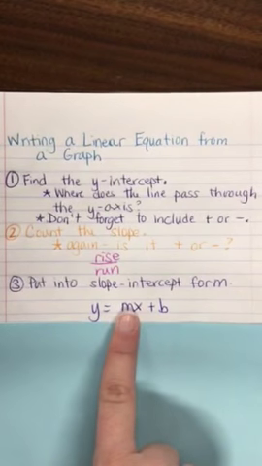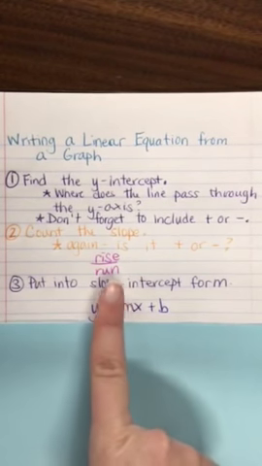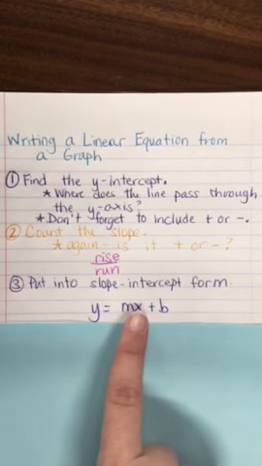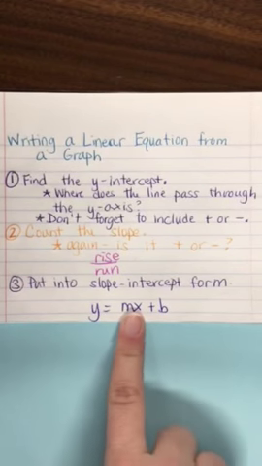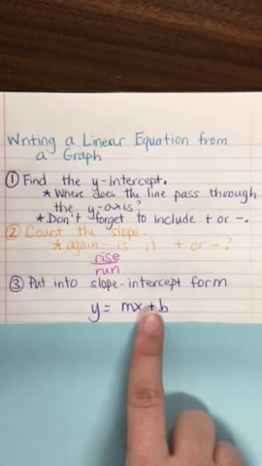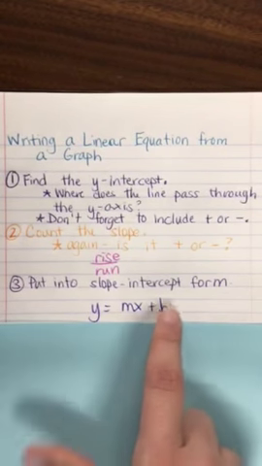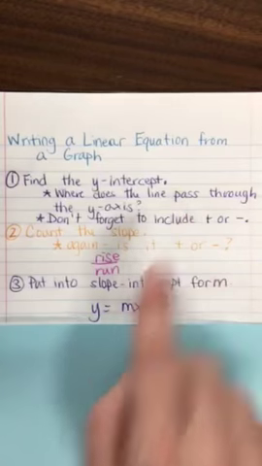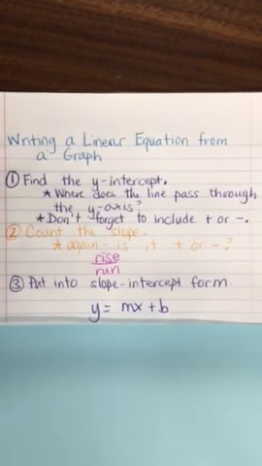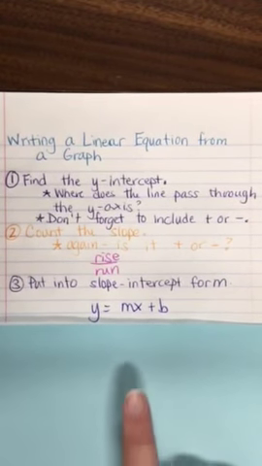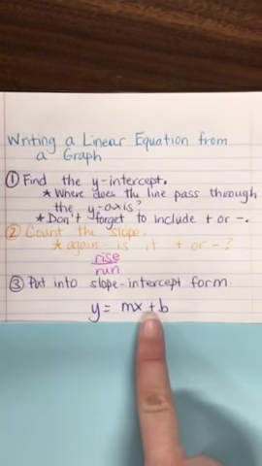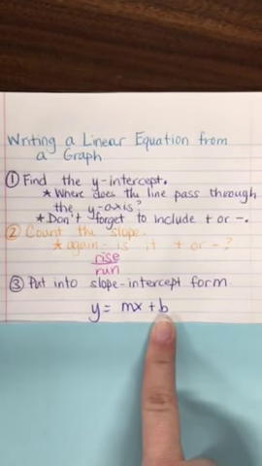The m is going to be the slope that we were counting up here. X is always going to be part of our equation. And then plus b is going to be our y-intercept. So it's going to be that point in which we found the line passed through the y-axis. And remember, this plus b might change to a minus b if our y-intercept is negative.